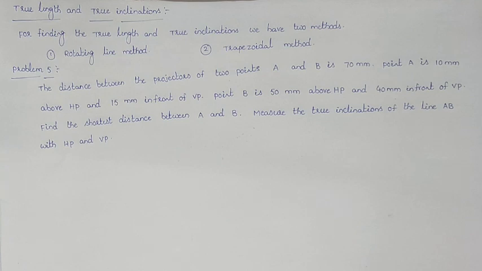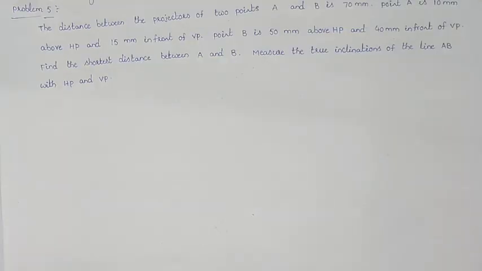So this is about the rotating line and trapezoidal methods. Now we will draw one problem here, in both the rotating line method and the trapezoidal method. They are giving that the distance between the projectors of two points A and B is 70 mm, not the true length.